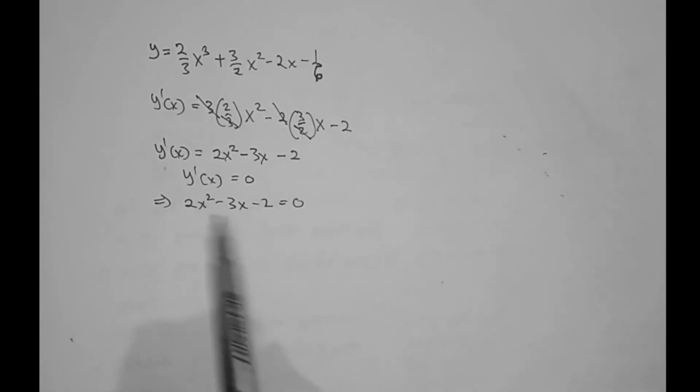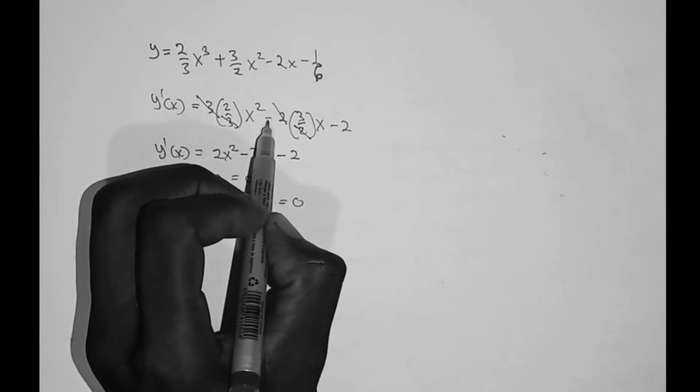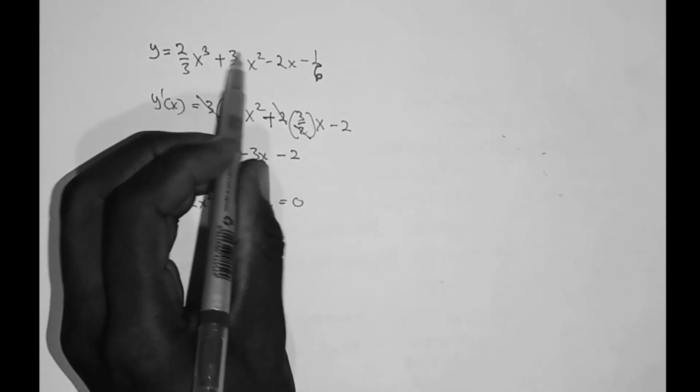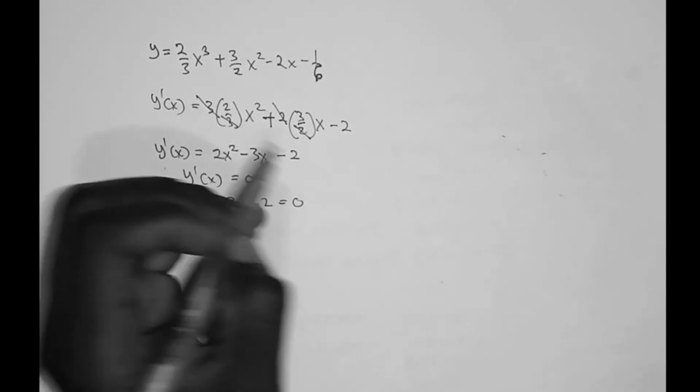So this implies that 2x squared minus 3x minus 2 is equal to 0. Sorry, there's a mistake here. Here it's plus. It was 3 over 2 plus.